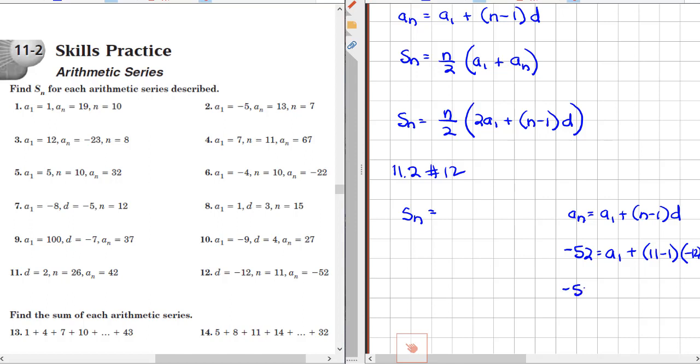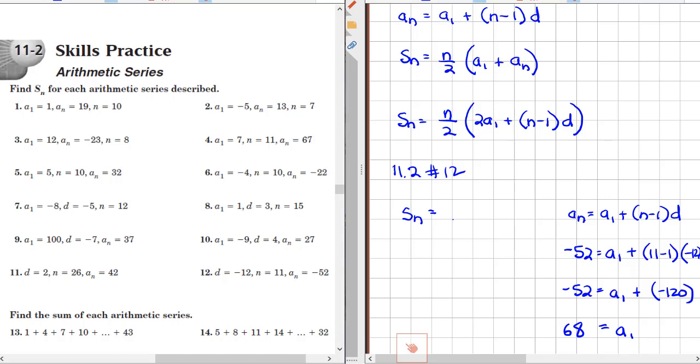So then I have negative 52 equals a sub 1 plus, and 10 times negative 12 is negative 120. Is that right? Yes. And then a sub 1, if I add 120 to both sides, I think it's going to be 68. Yeah. So now, let's see.